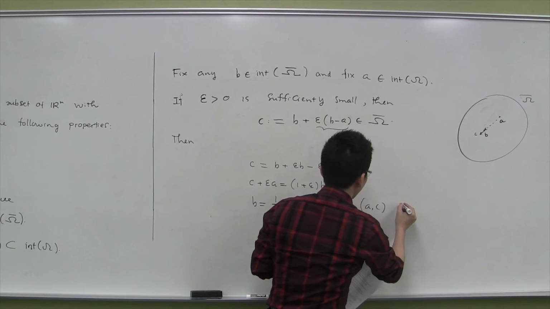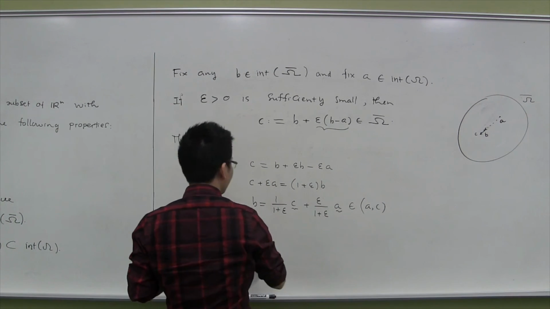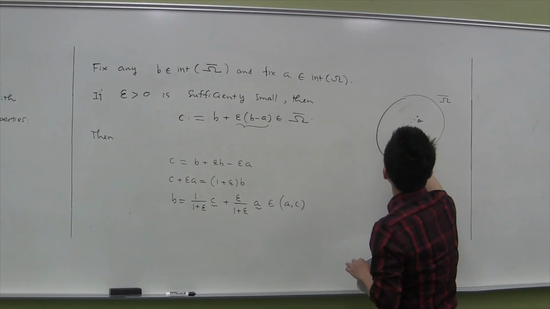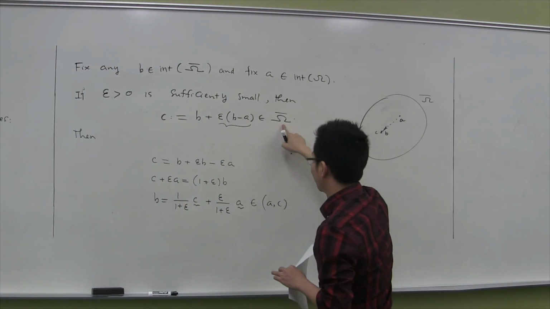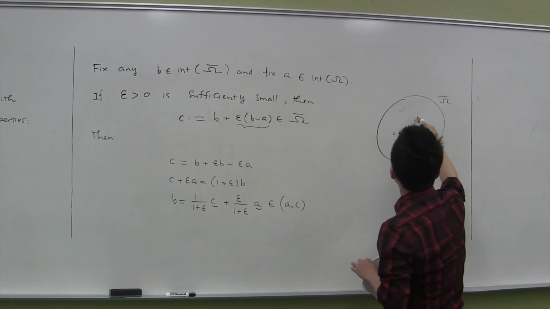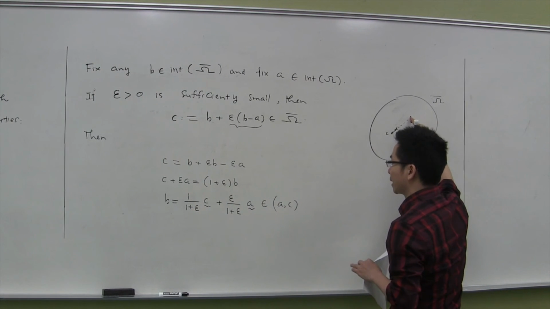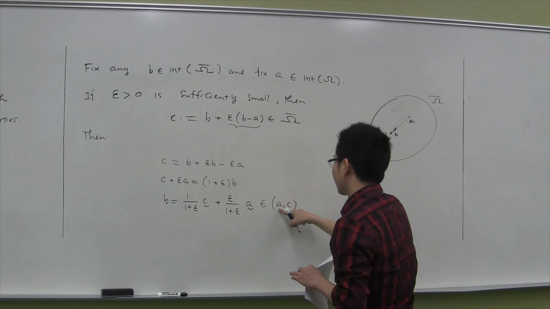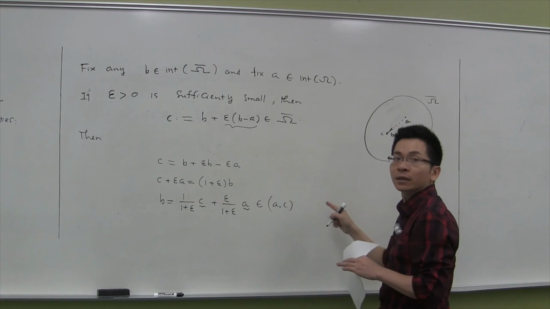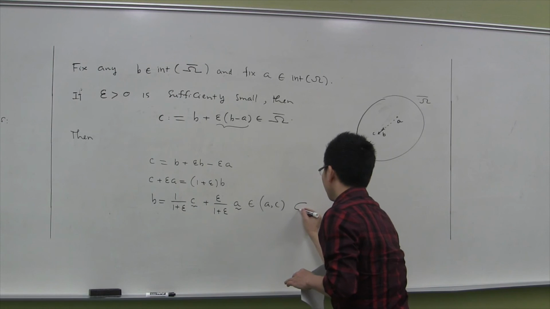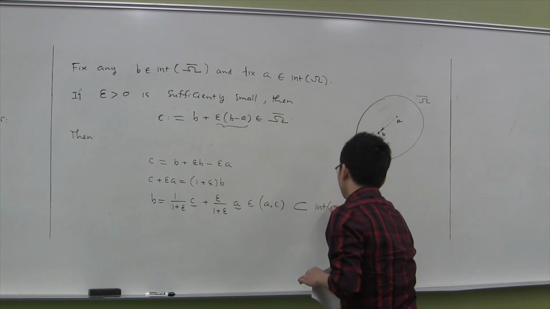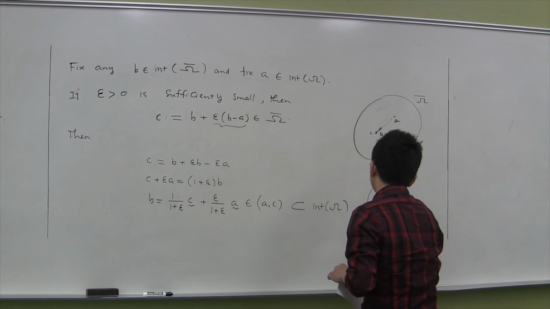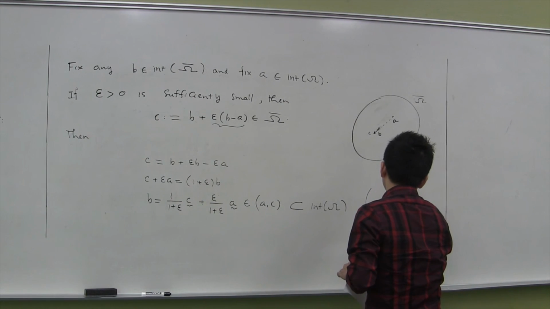And by lemma 1.30, C is an element in the closure of omega, and A is an element in the interior of omega. By lemma 1.30, this open interval belongs to the interior of omega. Again, here we use lemma 1.30.